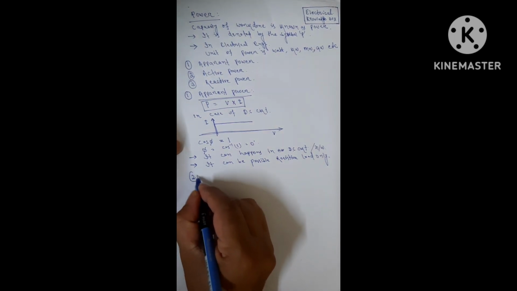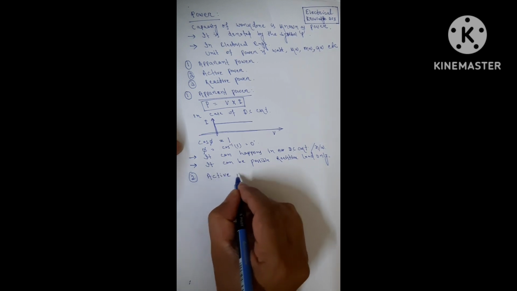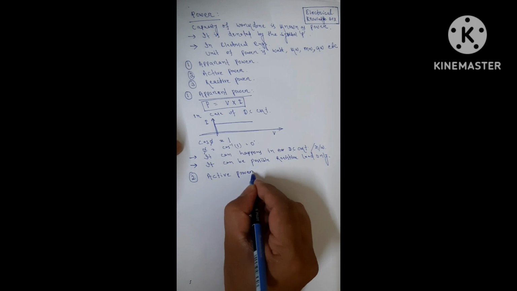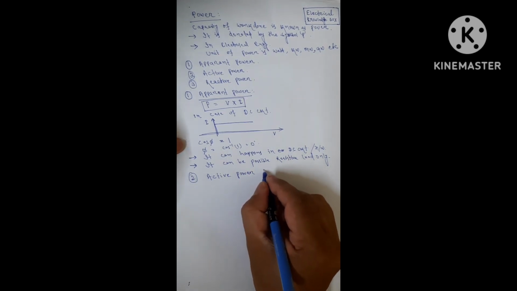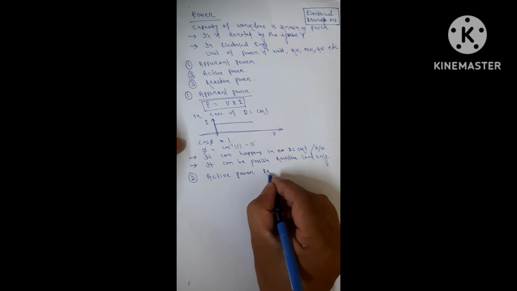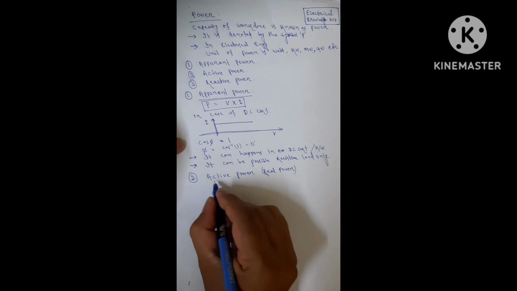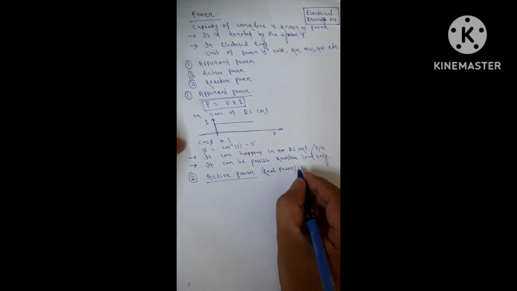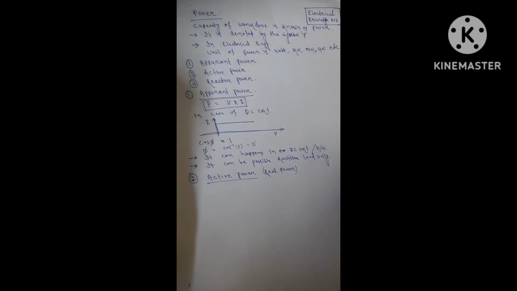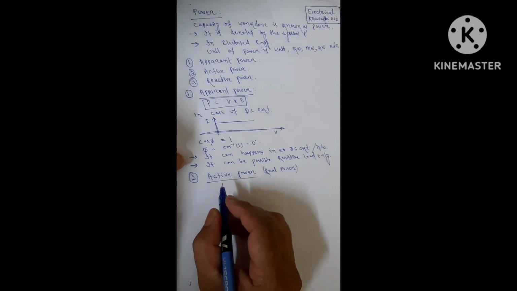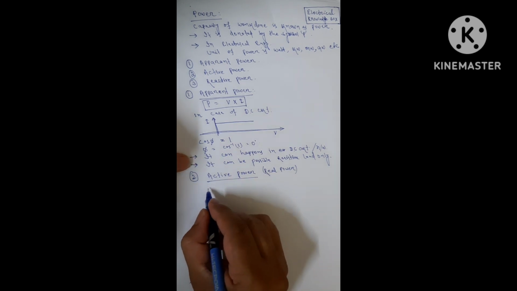Second is your active power. In every operation, active power is required, or we can call it real power. Here, power is the multiple of voltage, current, and another factor, that is power factor.